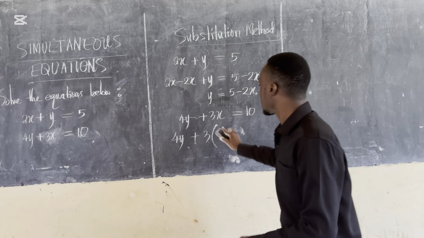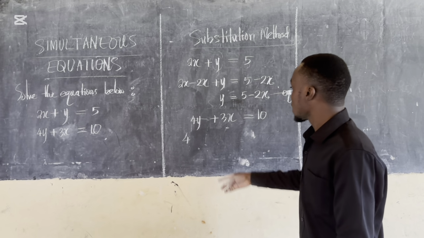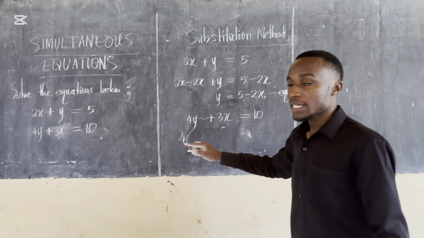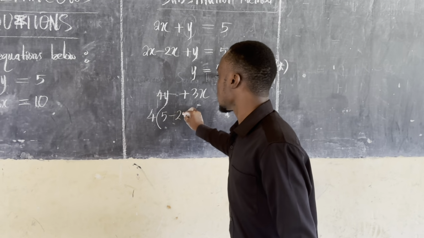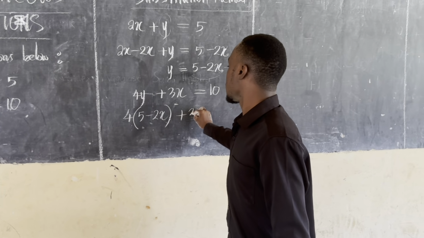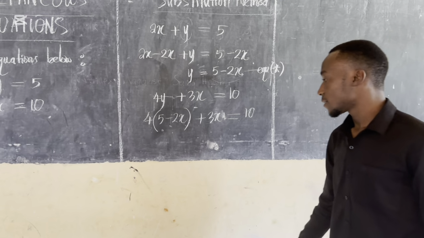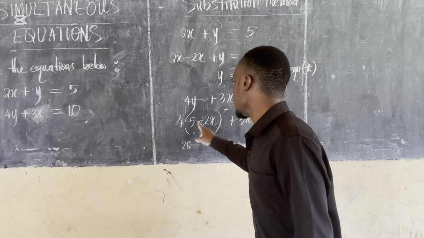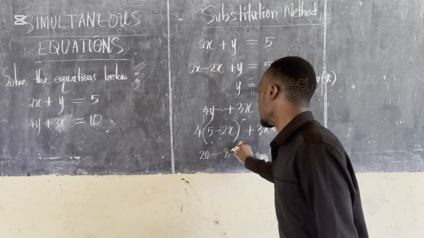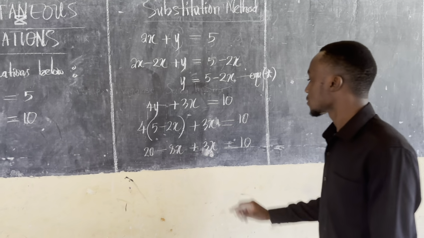Oh, sorry, where I'm having a y, which we made the subject, I will substitute there 5 minus 2x. And the remaining other things will just remain as they are. So 4 will make this a 20, and 4 will make this one negative 8x, plus 3x equal to 10.